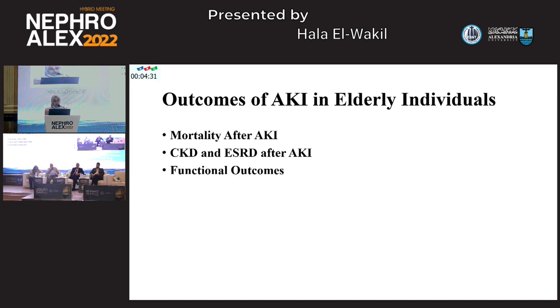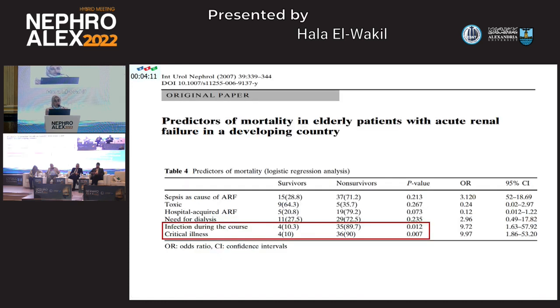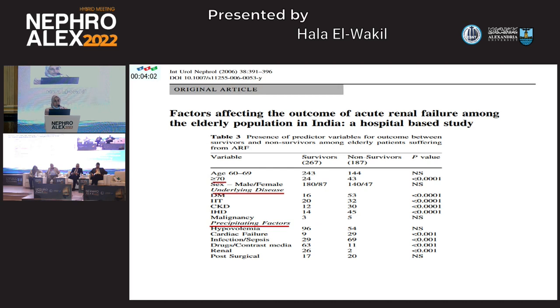What about the outcome of AKI in elderly individuals? We have to discuss the mortality after AKI, CKD after AKI, and functional outcome. As regards mortality, elderly people following AKI have much higher mortality than their young peers, and infection during the course and critical illness are among the predictors of mortality in such vulnerable populations.